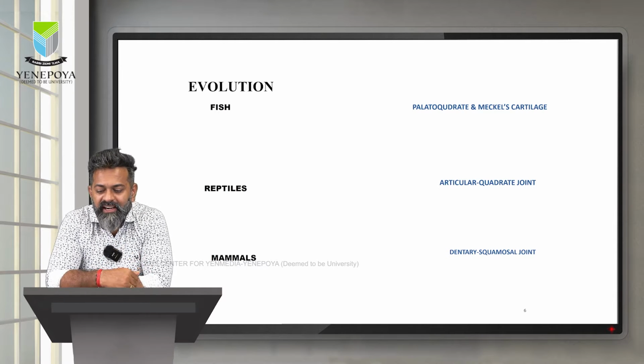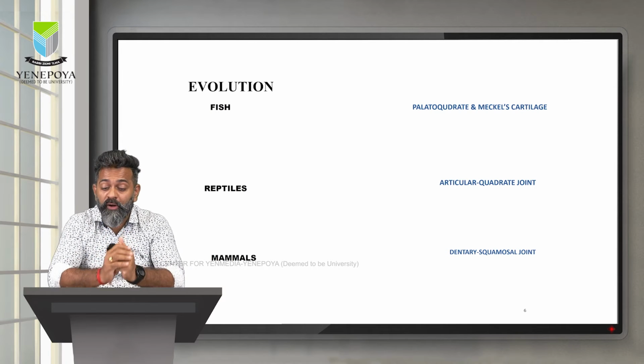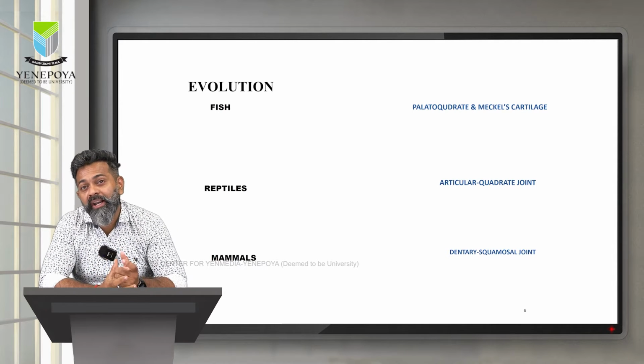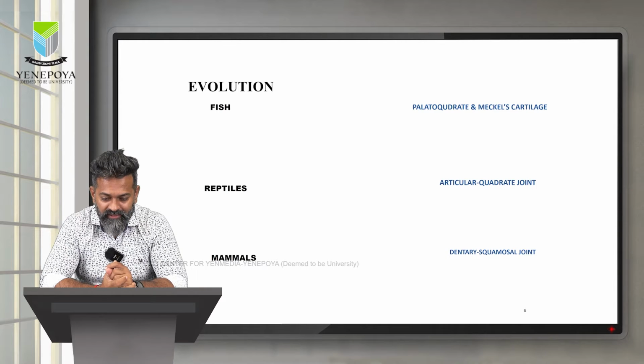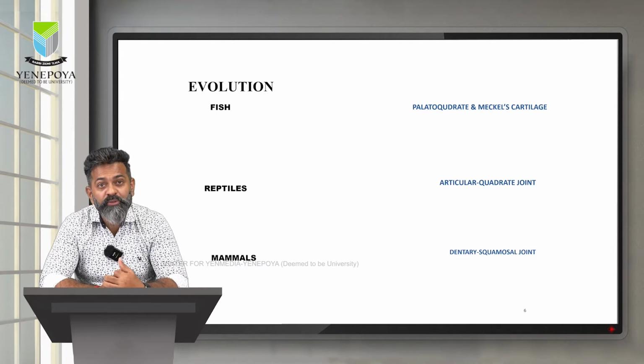Around Meckel's cartilage, some bones started evolving: the dentary, angular, supraangular, coronoid and condylar bones. The back parts of the palatoquadrate and Meckel's cartilage ossified to form the quadrate-articular joint, also called the primitive joint.